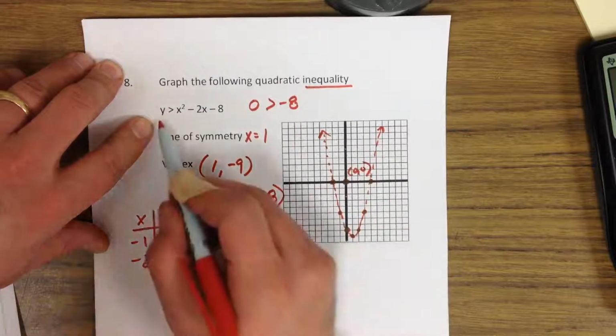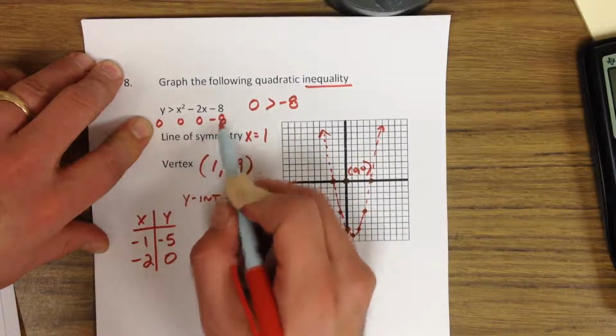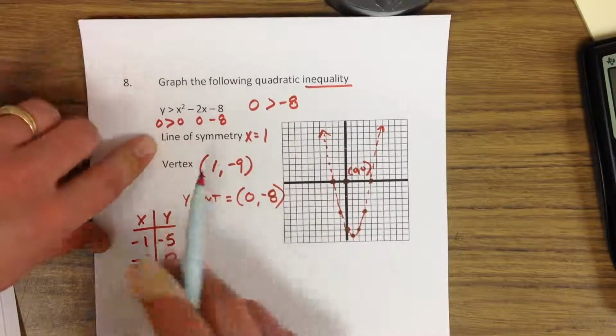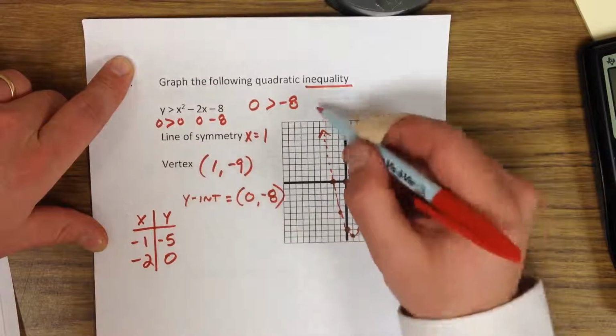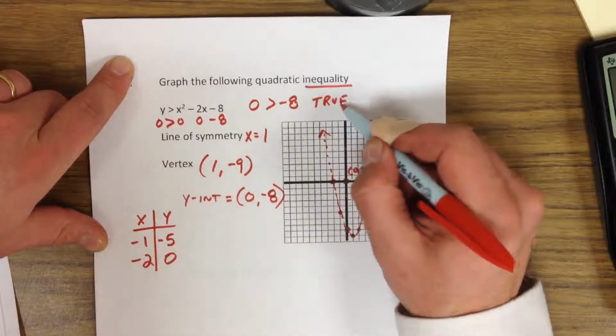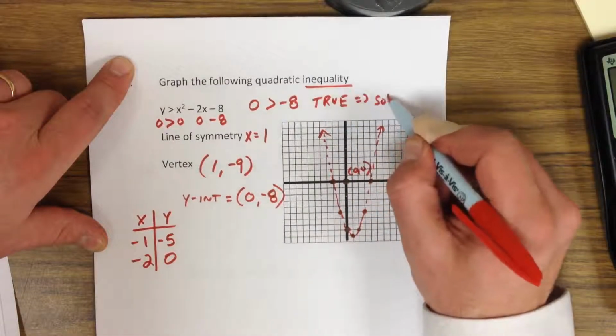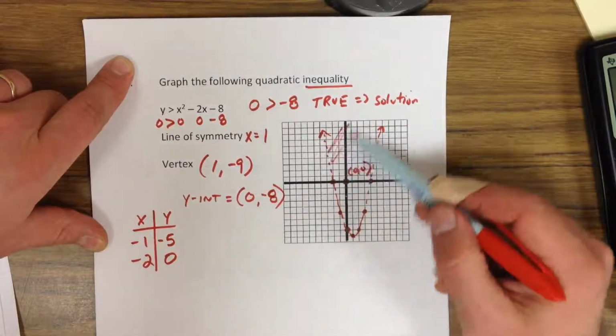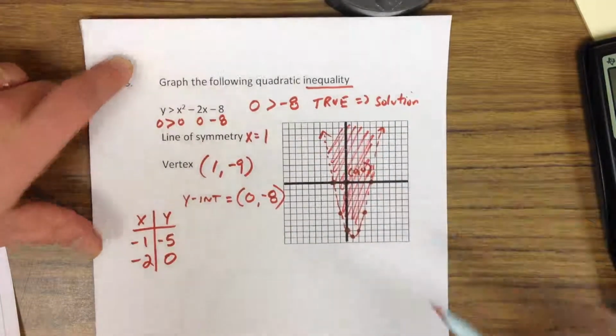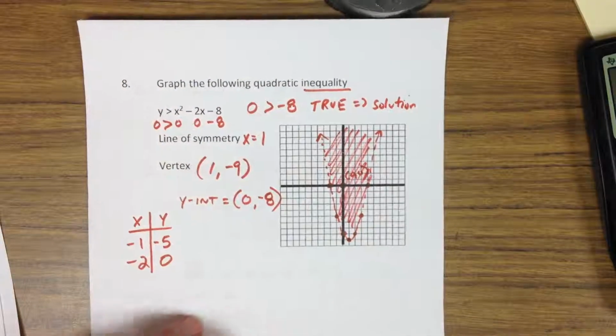Is 0 greater than -8? That's true. It's a solution. So we're going to shade inside of there.